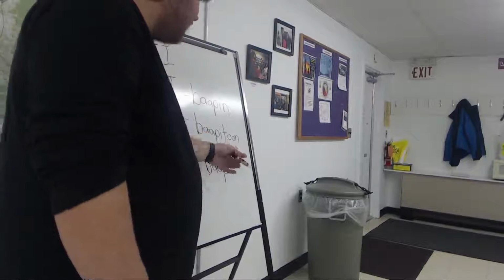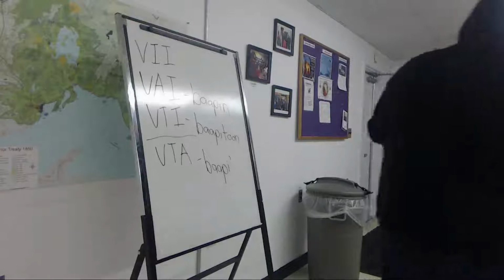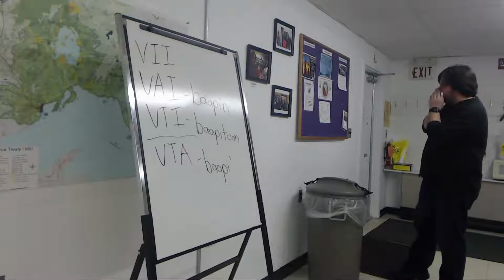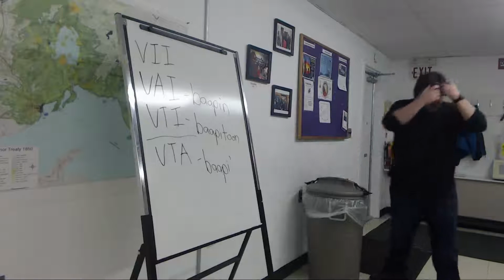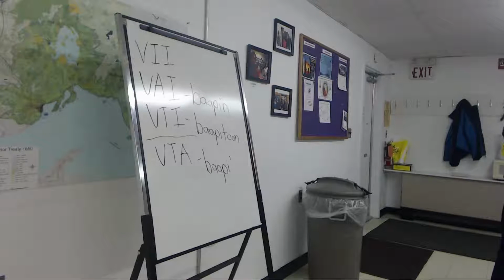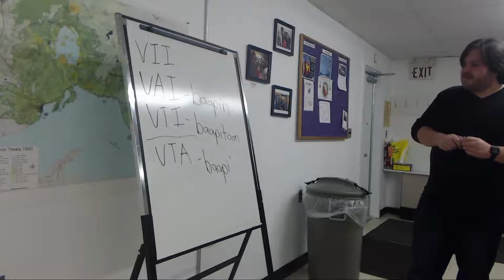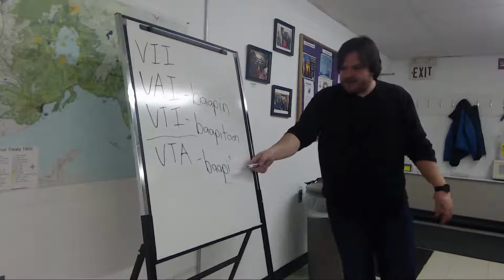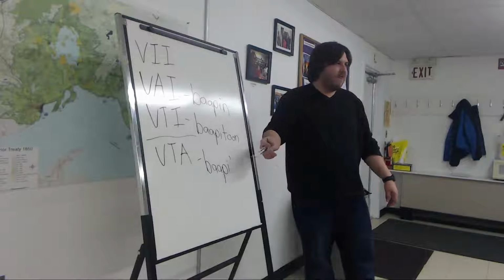The glottal stop at the end. So bopit is a VTA, and that's the one where if I were to say just bopit, I'm telling you to laugh at him or laugh at her.